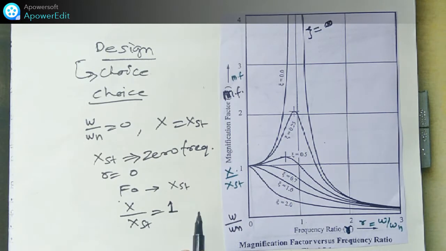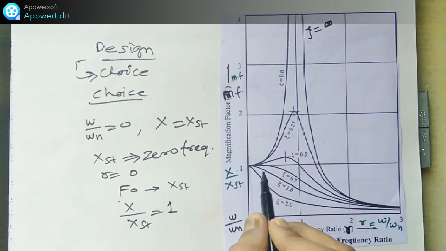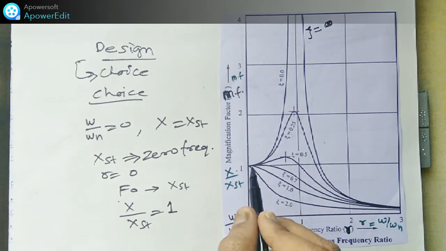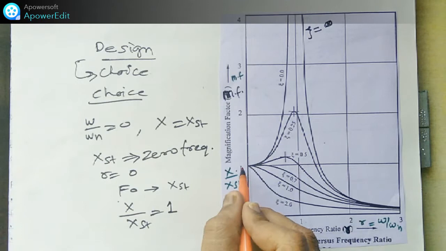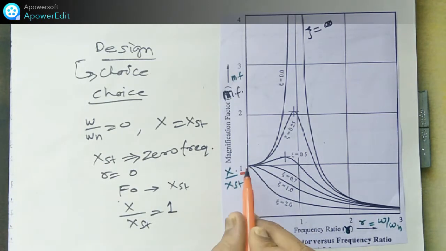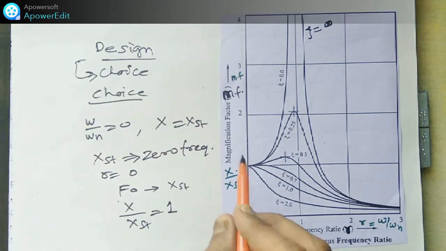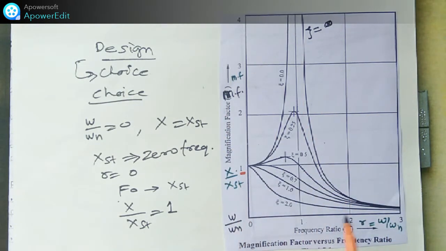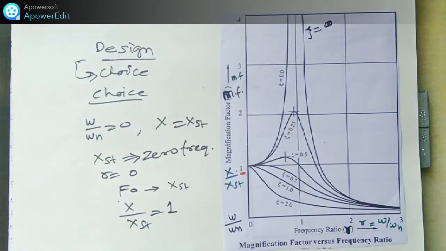At static condition, observe very carefully, all the curves start at point 1. This is the curve with r on the x-axis and MF on the y-axis, and with respect to zeta the values of the curves are different.